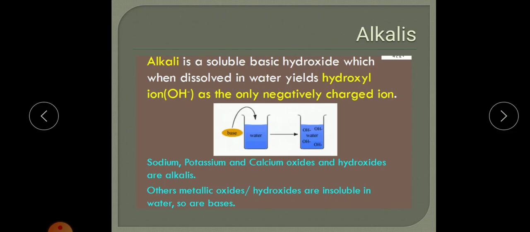Next, alkalis. An alkali is a soluble basic hydroxide, because a base which is soluble in water is an alkali, which when dissolved in water yields the hydroxyl ion. It gives the OH minus ion as the only negatively charged ion.